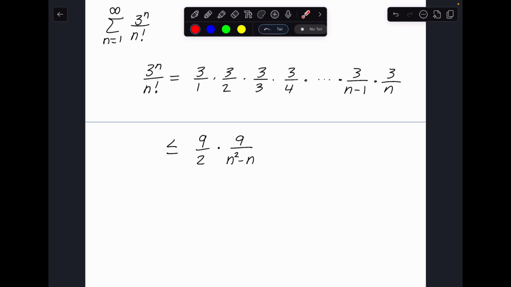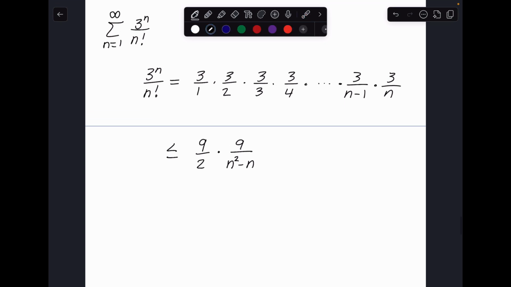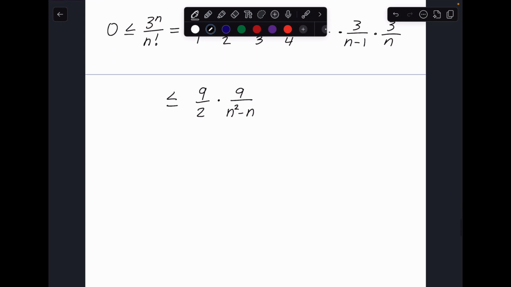So I'm cutting out all of these middle terms and saying, well, they're all less than 1, right? So all of these extra factors are pulling what would have just been this guy smaller, right? So I have this inequality. And also keep in mind that this is always going to be greater than or equal to 0. So we can apply direct comparison test here.